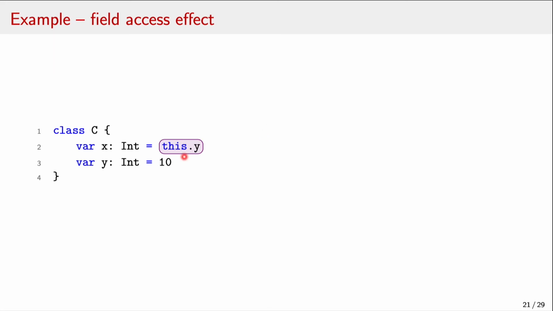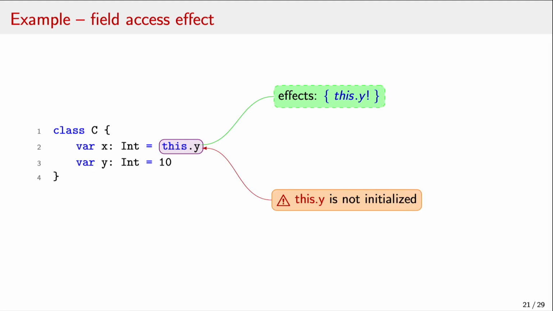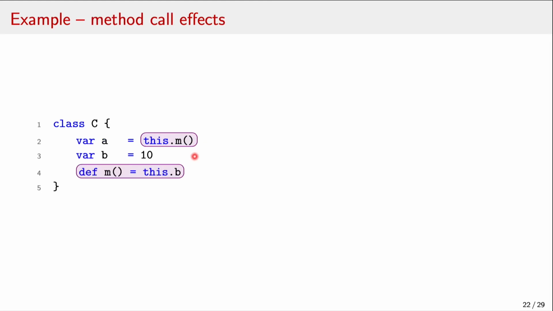In this piece of code, the expression this.y accesses the field y. Thus, we associate it with the field access effect this.y bound. This effect is illegal at this point because the field y is not yet initialized. This example demonstrates method call effects.